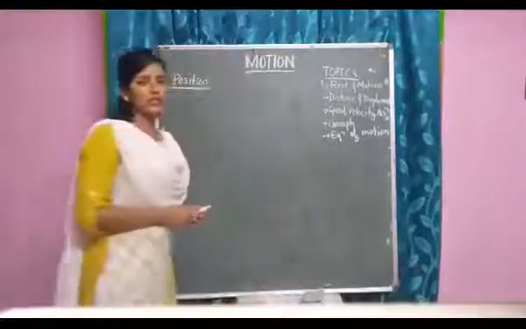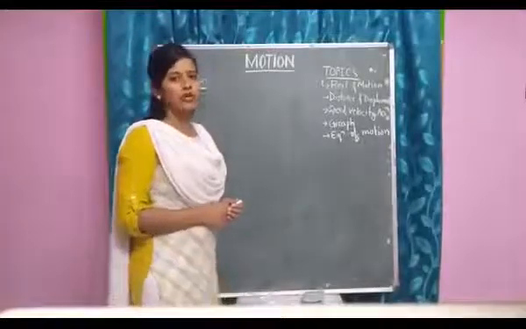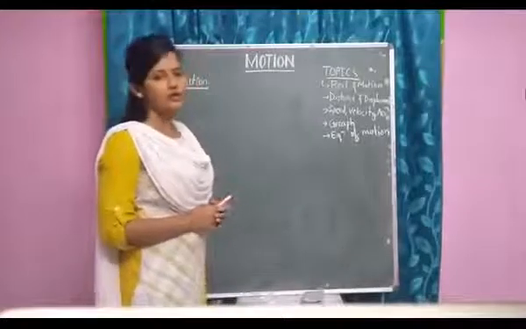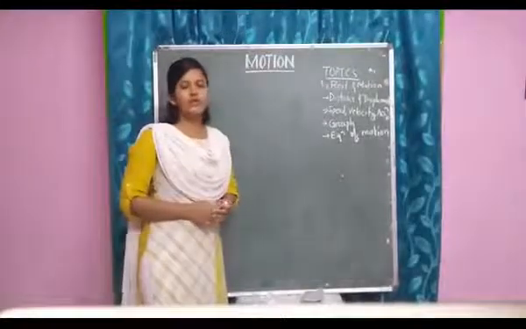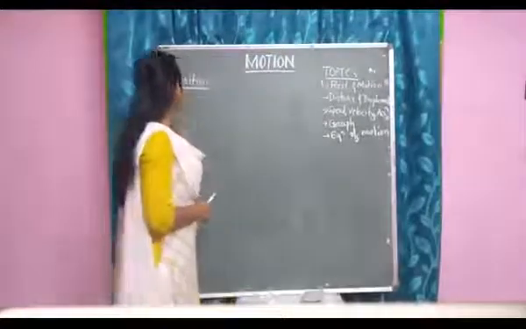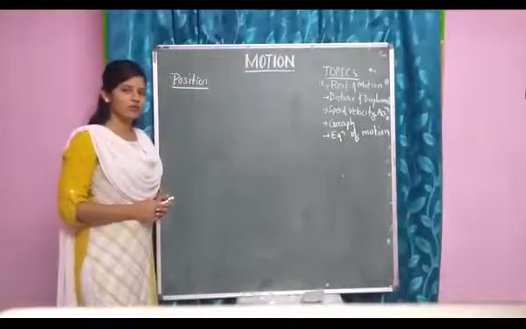So in order to describe the motion of a body, first we have to locate the position of the body. In order to locate the position of a body, we should have an idea of frame of reference.